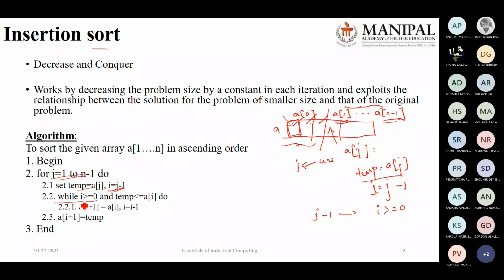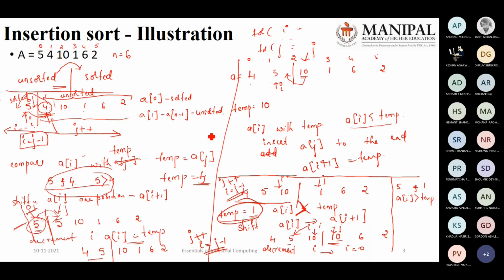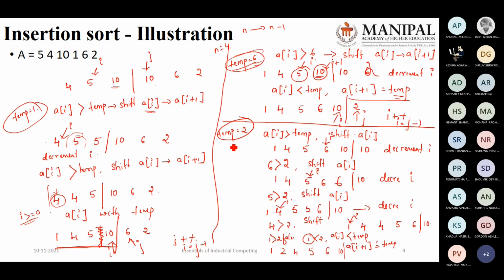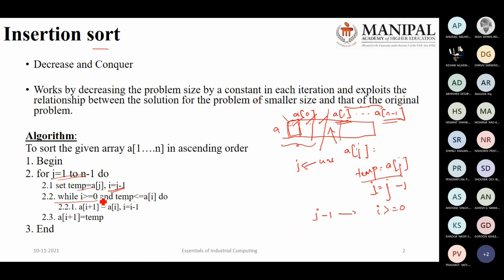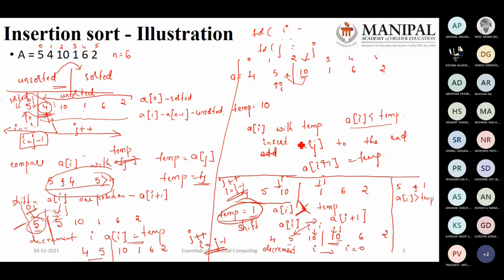That is why the condition is I greater than or equal to 0 and temp is less than or equal to A of I. You have a condition here: temp is less than or equal to A of I. So when this is the condition, then what you do: A of I plus 1 is equal to A of I. You are shifting, right? You know that. So where do you perform the shifting?